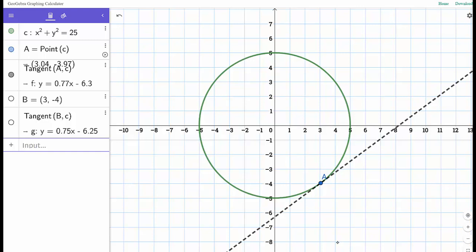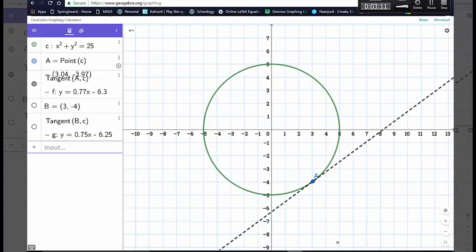Okay, so let's go ahead and we can just look at this line at 3 comma negative 4, and we can just kind of eyeball it and count the slope: 1 2 3, 1 2 3 4. So you can see right here that we actually have a slope of 3/4, making this triangle.